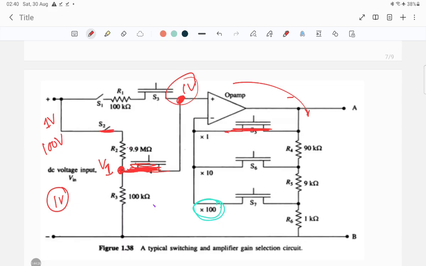Now the last portion is that if you are being asked to design the multimeter or this DC voltmeter analog part amplification factor, you have to design for different ranges.